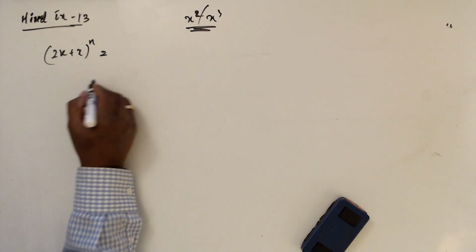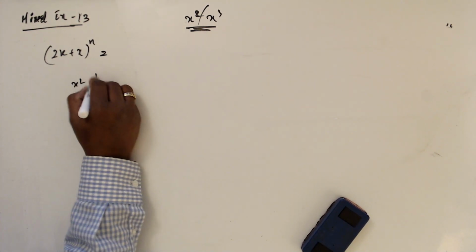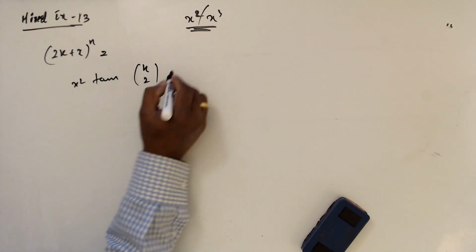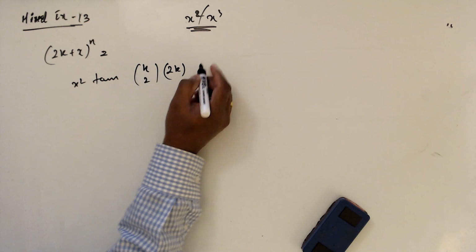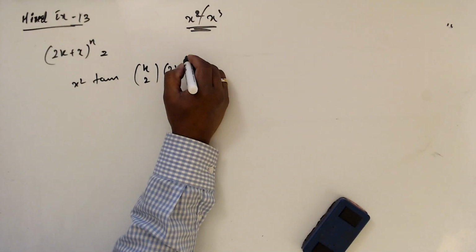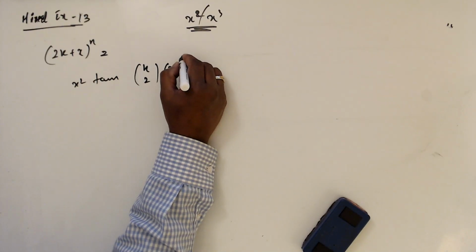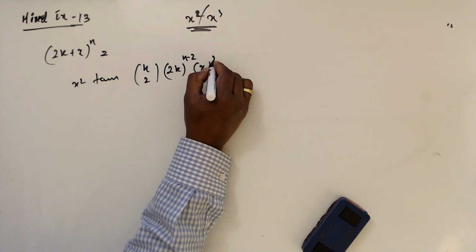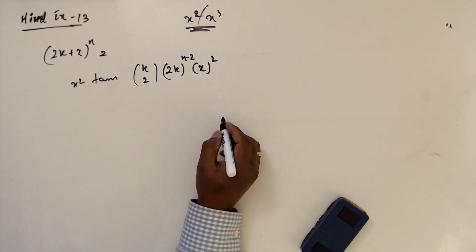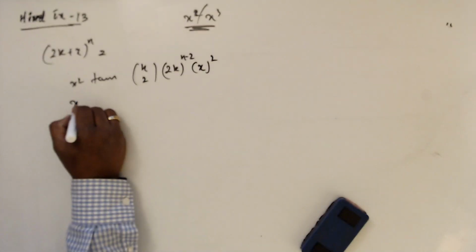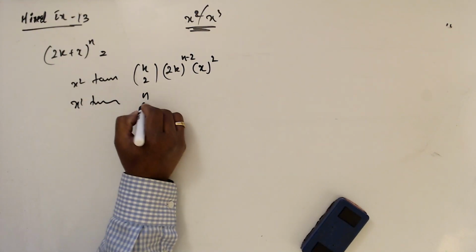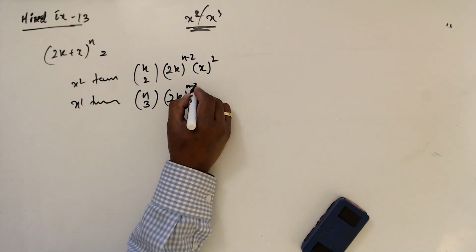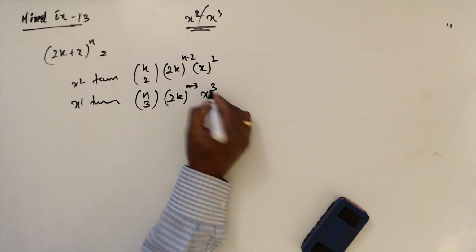So we can write the x squared term as nC2 times 2k to the power n minus 2 times x squared, and the x cubed term as nC3 times 2k to the power n minus 3 times x cubed.